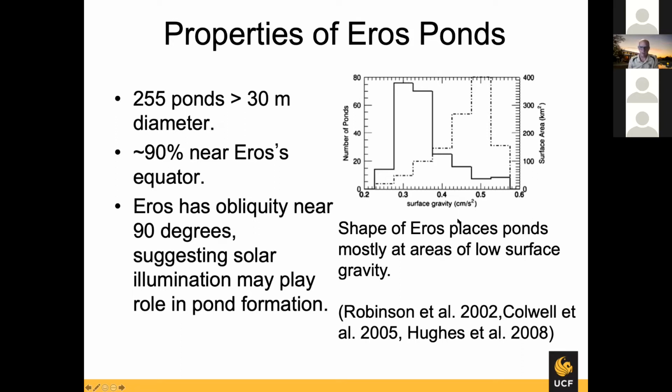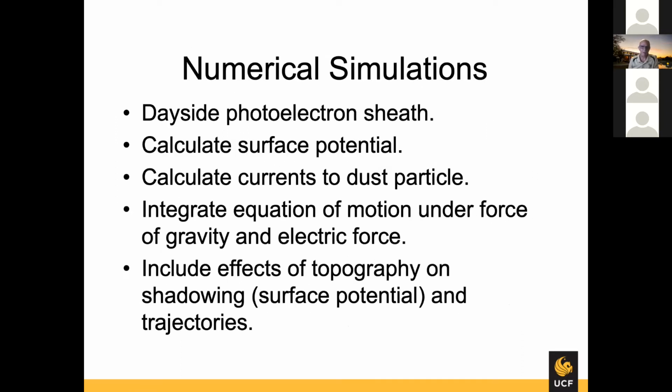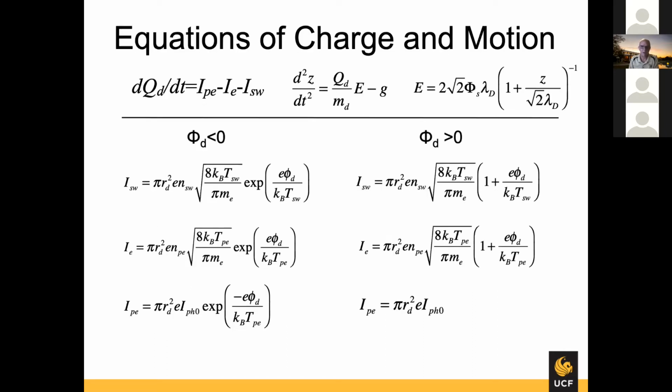So there's not an even distribution. So we tried to model this. We did numerical simulations where we calculated the surface potential on the day side, calculated the currents to the dust particle, integrated the equation of motion, and included the effects of topography to some limited extent, which I'll explain in a second, and saw where the dust particles go.